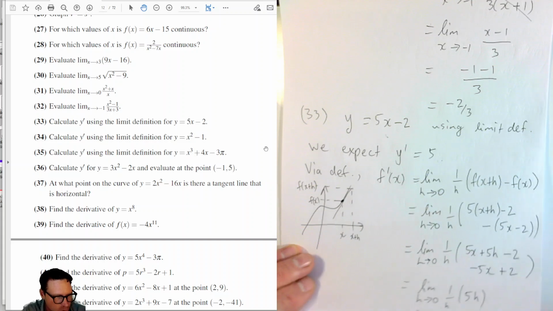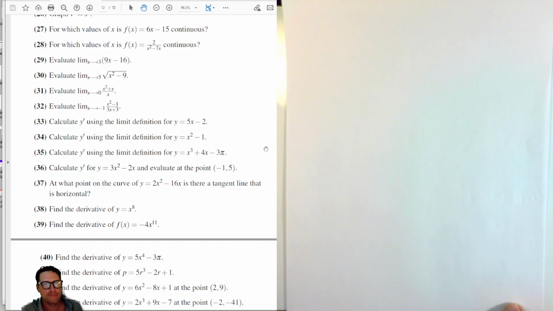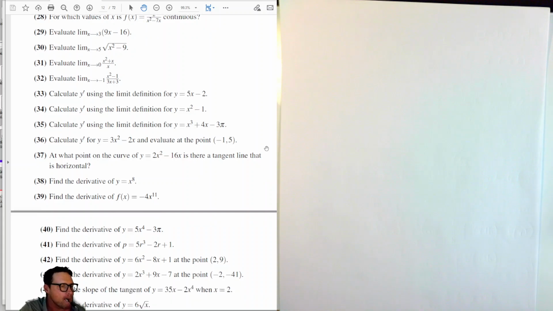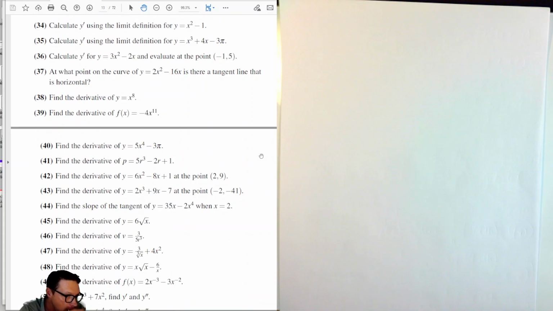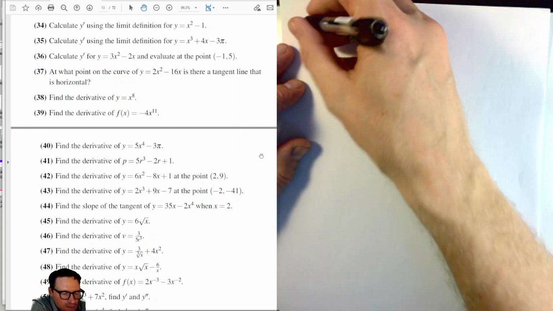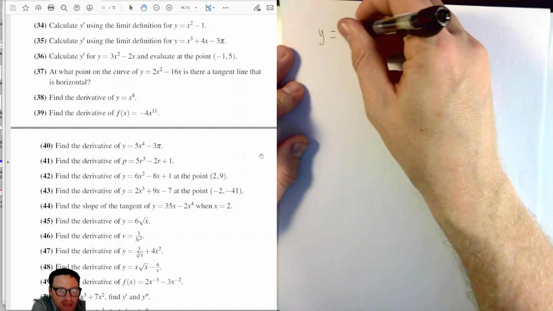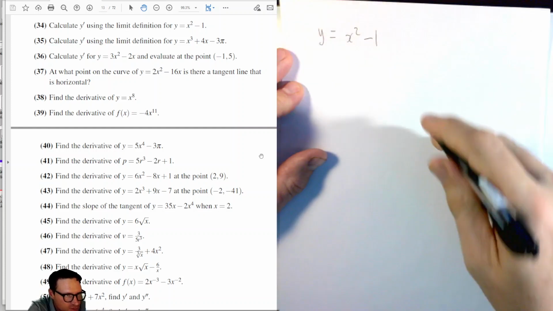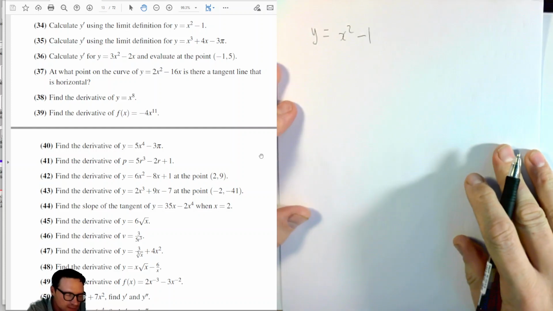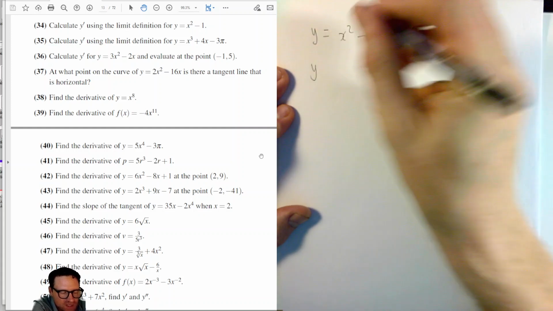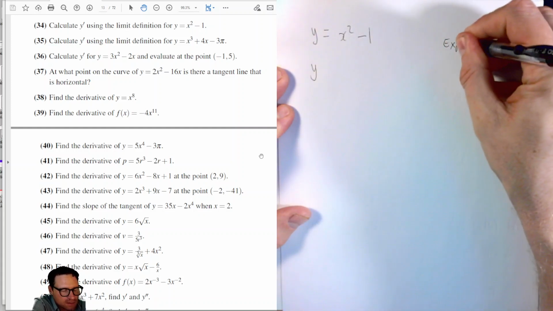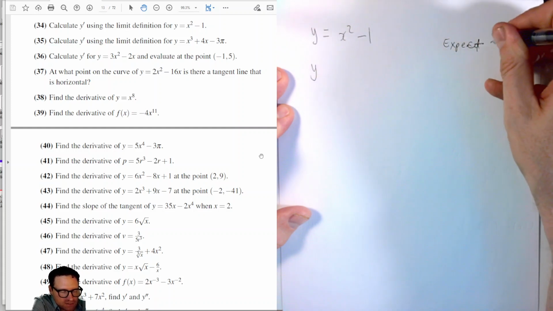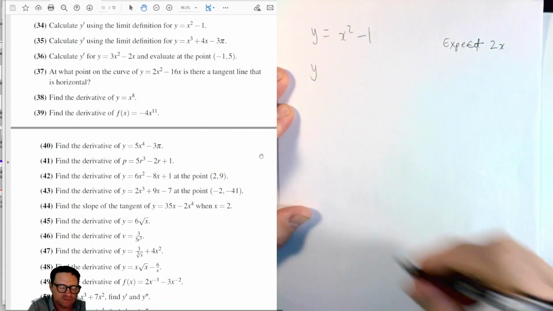All right, moving on to question 34. Okay, y equals x squared minus 1, and we are to calculate the first derivative using the limit definition. So expect 2x, because that's our derivative of this.